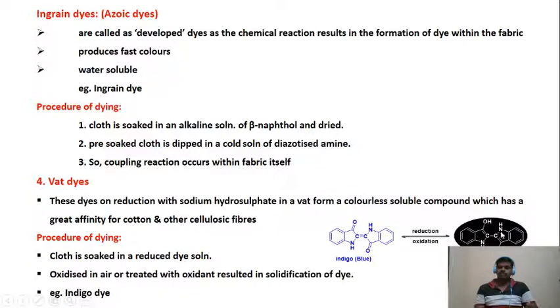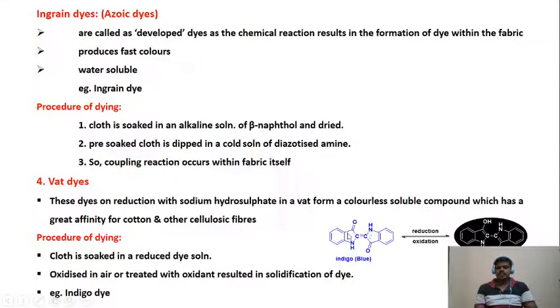This reduced form of the dye, with sodium hydrosulfite, is prepared in a container. In that container you soak the cloth, and this soaked cloth you oxidize with the help of an oxidant, or you just keep it in the air.